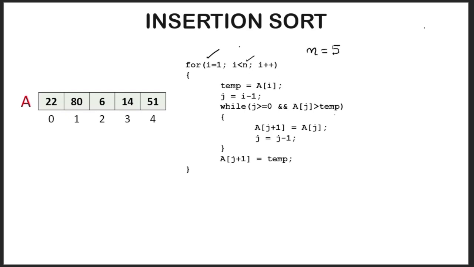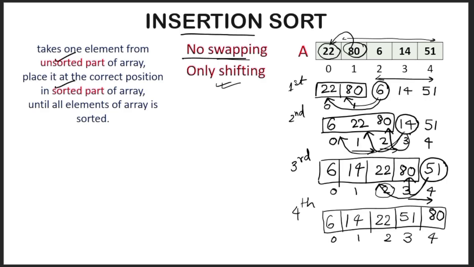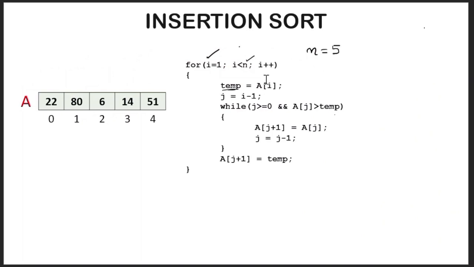So for this example, n is equal to 5, and temp is a temporary variable that is taken to store the value of A of I. So what is A of I? Earlier we have seen this 6 value or this 14 value or this 51 value, and in every pass it is stored in some temporary location first.